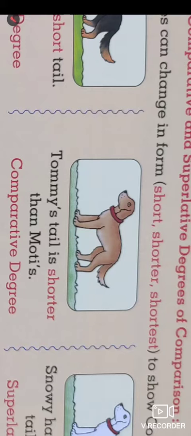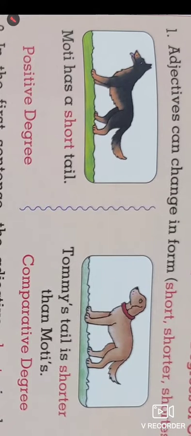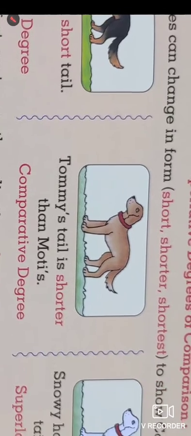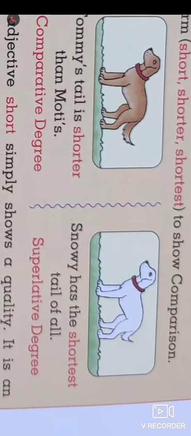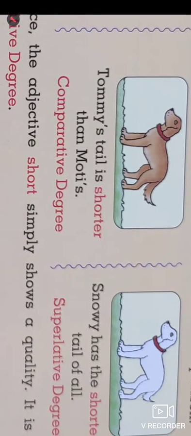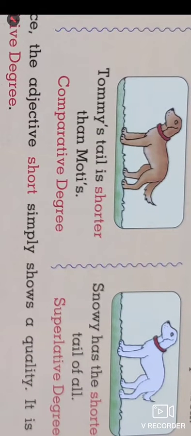So here the tail of Tommy is shorter than Moti's. And the last one is the Snowy dog. Snowy has the shortest tail of all among the three dogs. Snowy has the shortest tail.